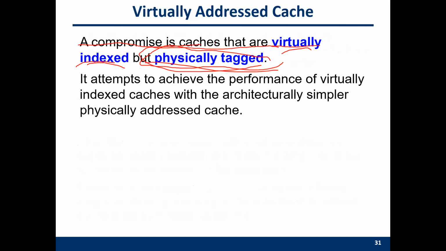With the physical tag, you can maintain correctness, but you can do the lookup earlier. You can overlap the lookup and the data comparison. This is faster than the purely physically indexed cache.